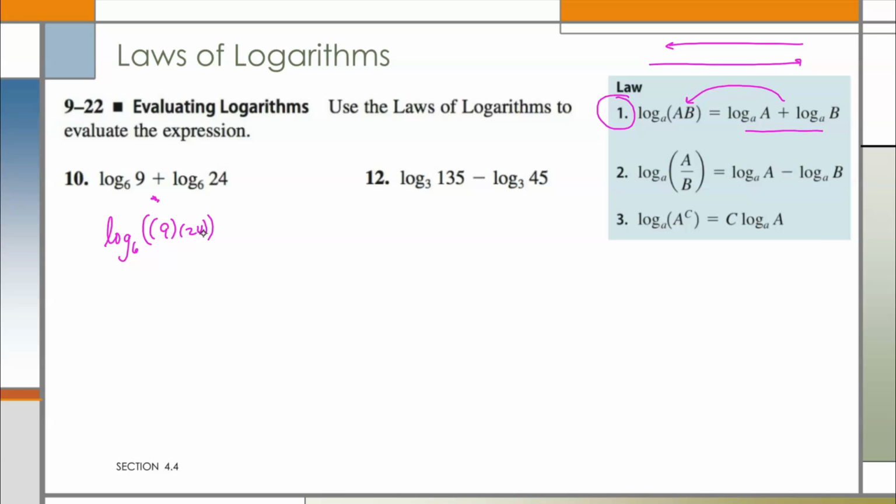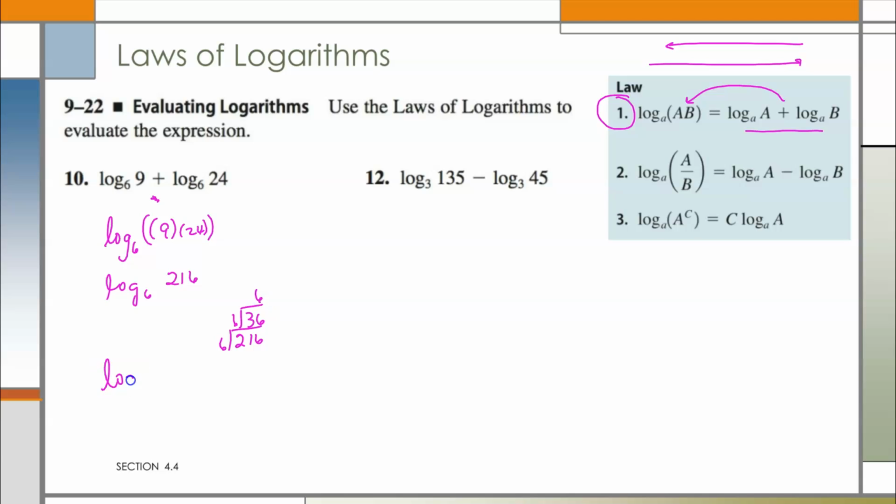If we take 9 times 24, that becomes 216. If we take 216 and divide that by 6, I get 36, and dividing that by 6, we get 6.